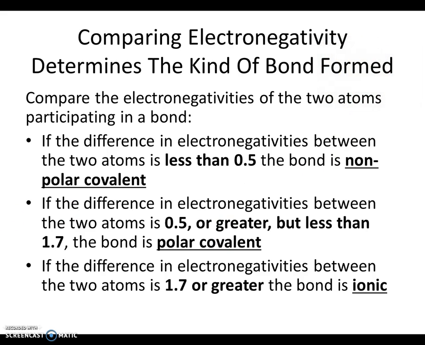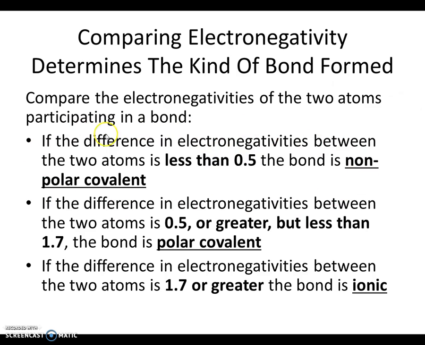Okay, here's how. When 2 atoms participate in a bond, we are going to compare the electronegativity values of those 2 atoms. We just want to find out the difference between those 2 electronegativity values. Then we can compare the difference to this information.